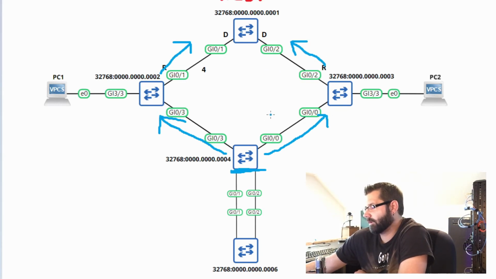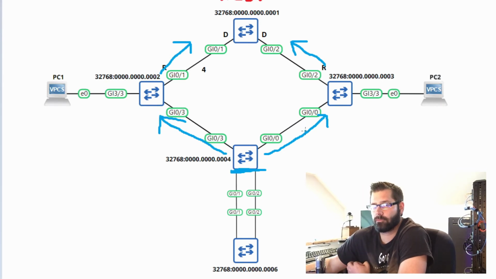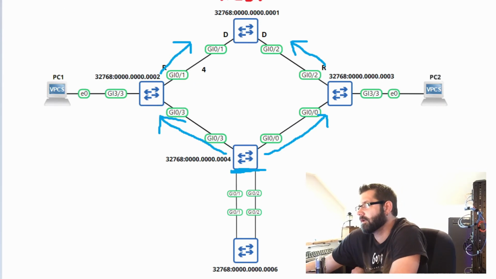Now, let's say one of these links was a 10 gig link, then it may be different. But being that these are all 1 gigabit per second links, it's going to be a tie. So how do we know which port is going to be the root port? Are they both going to be the root port? Well, no, you can only have one root port per switch.